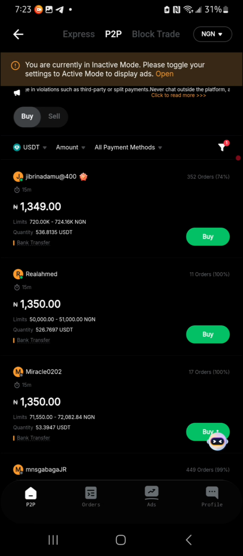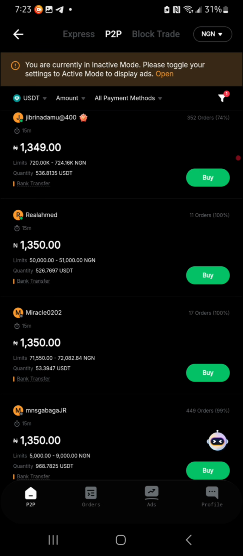So for instance, we all know the general market in Nigeria we use in buying fiat currency, which is on Bybit. Some people use MEXC or Gate.io or KuCoin or thereabout, but I'm most familiar with Bybit.